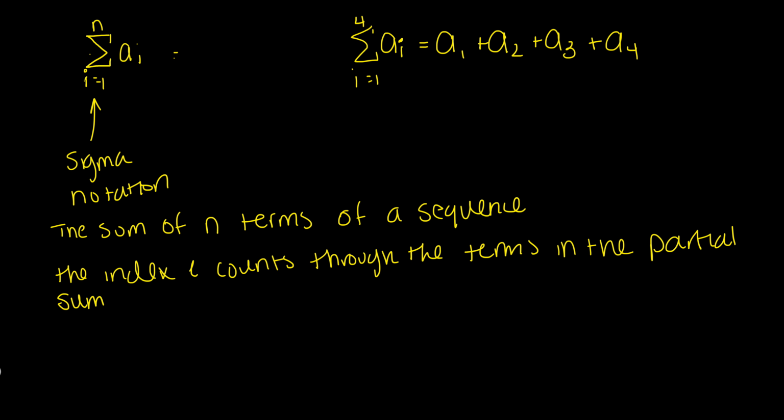So if we have the explicit formula, 1 to n, we could use a sub i minus 1 plus d for arithmetic sequences. Sorry, this is not right.